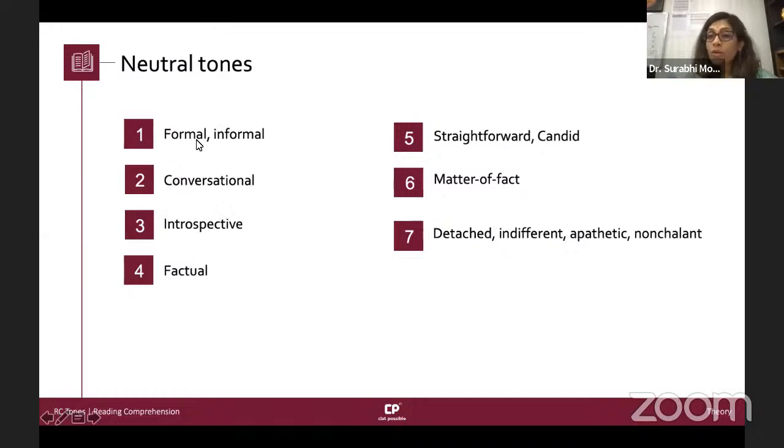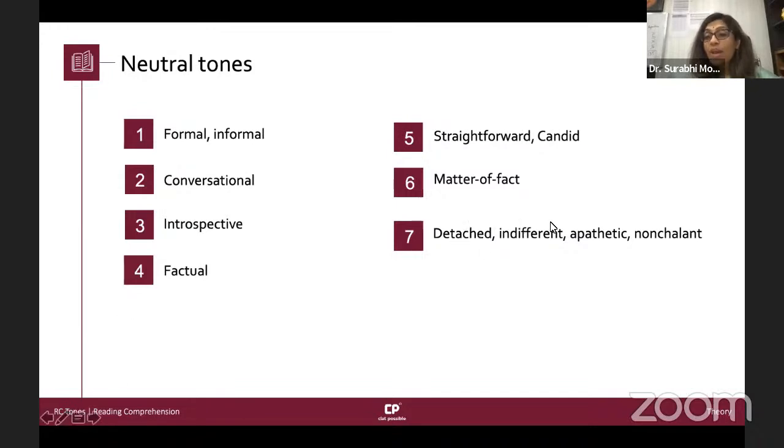A formal report, an interview or a conversation where the author is only asking the questions and not giving any answers. So formal, factual, matter of fact, straightforward, all these suggest that the author has not given any opinion, just written as is. जो जैसा है वैसा लिख दिया गया.